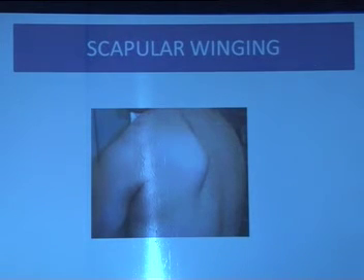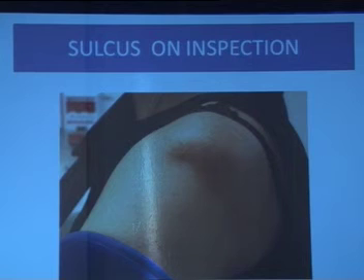The scapula is very important, and when you examine patients with instability, it's important also to examine the back. Scapular winging, where a dyskinetic scapula can lead to a lot of issues, especially micro instability. The sulcus sign is an important sign, and if it is present, you understand that you have a hyperlax patient who would probably require something more than just a labrum repair.